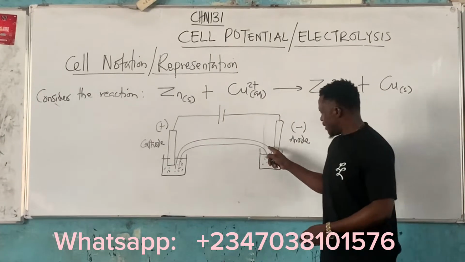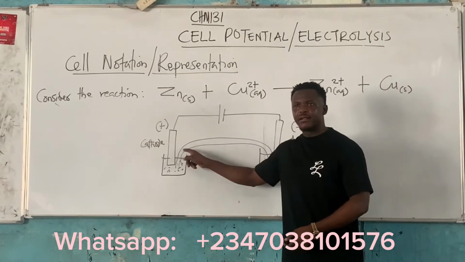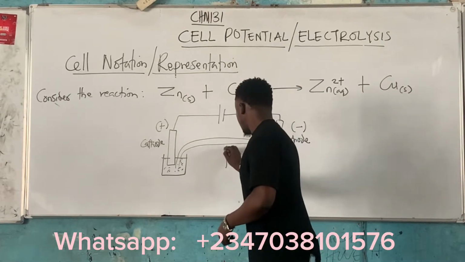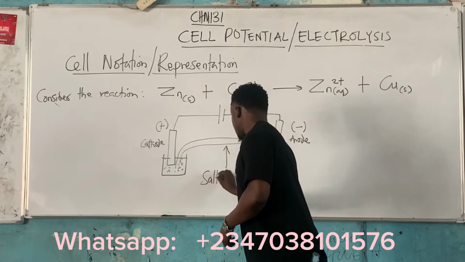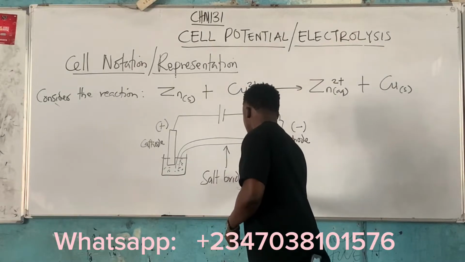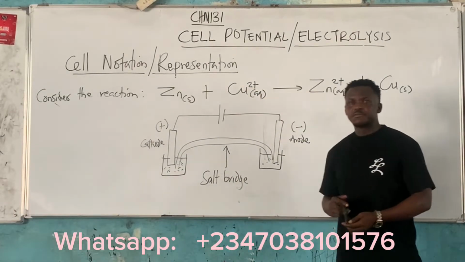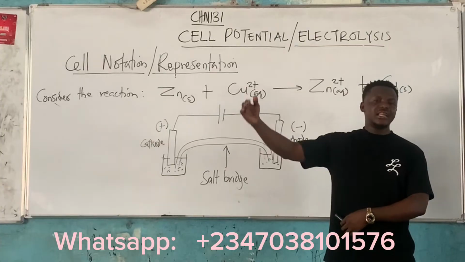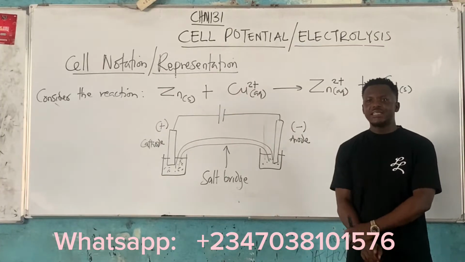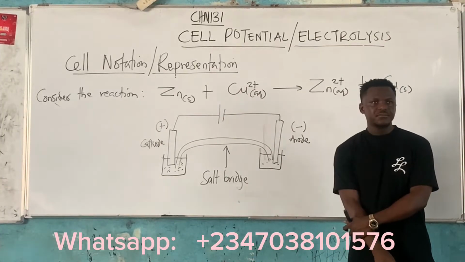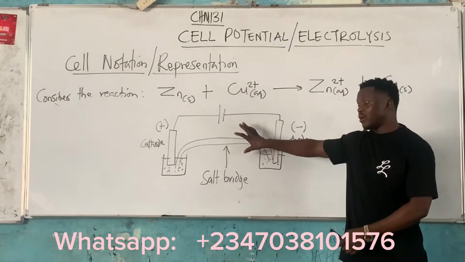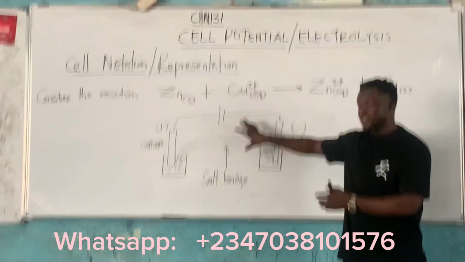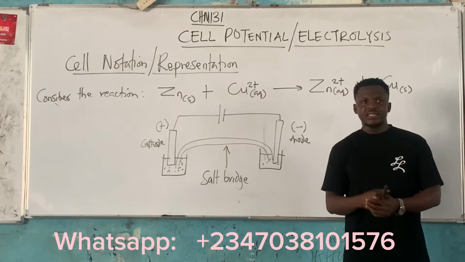Class, this empty pipe here is what we call a salt bridge. Salt bridge is not present in an electrolytic cell. However, it is present in a galvanic cell. So this is also another difference between galvanic and electrolytic cells.